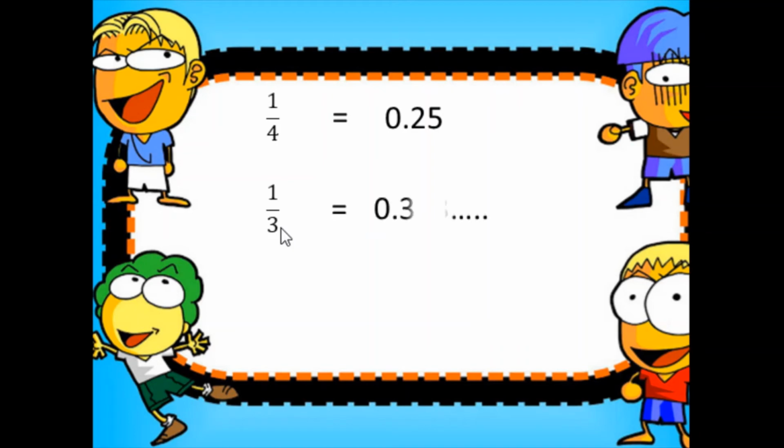Okay, it's 0.333... So when we compare the two, we have to look at first the very first digit of the decimal.